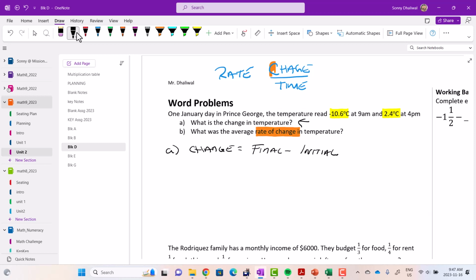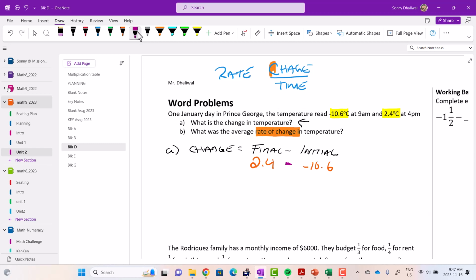All right. So on this question, what was our final temperature? Riley? 2.4. So we got 2.4 as our final measurement. What's our initial temperature? Negative 10.6. And we subtract these two numbers. All right?